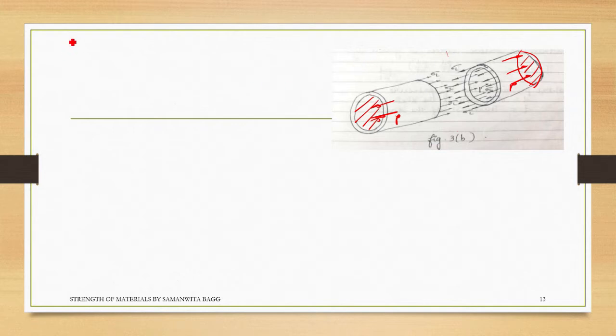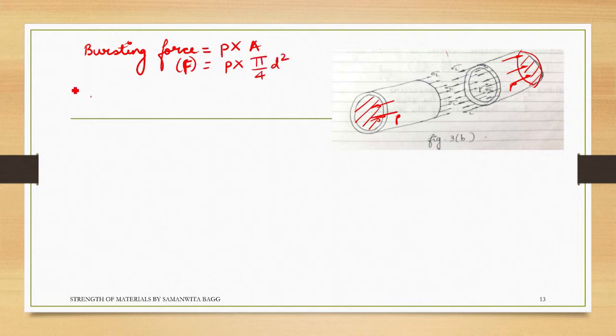So for this case, when I talk about the bursting force, which is again caused by P into the area, this is my F, P into pi by 4 d square, that is the cross-section area.